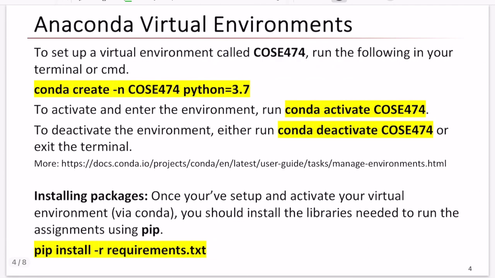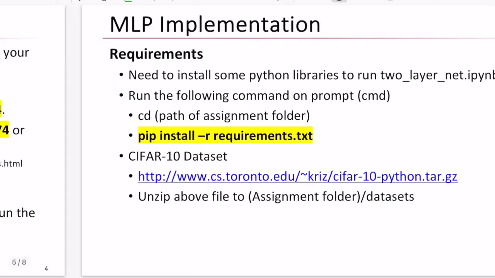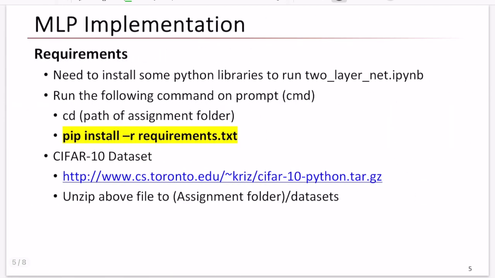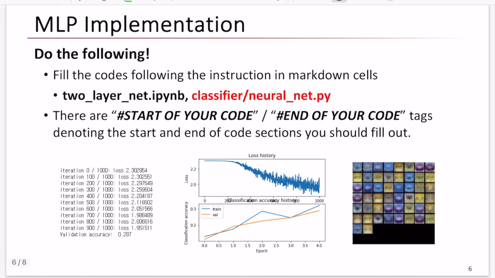This is the explanation about the Anaconda virtual environment setup and install. Install the packages, download the dataset, and do the following. Fill in the code following the instructions in the Markdown cells, for the two-layer neural network Python class and the classifier.